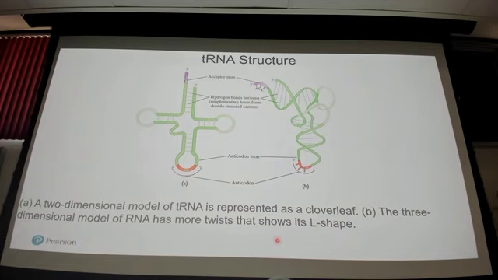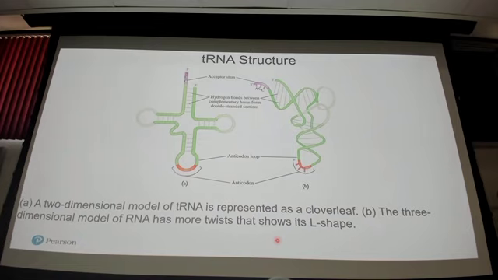The acceptor stem is always going to be ACC, that's just the sequence of that region. But you're right, the anticodon determines what amino acid attaches to this tRNA.